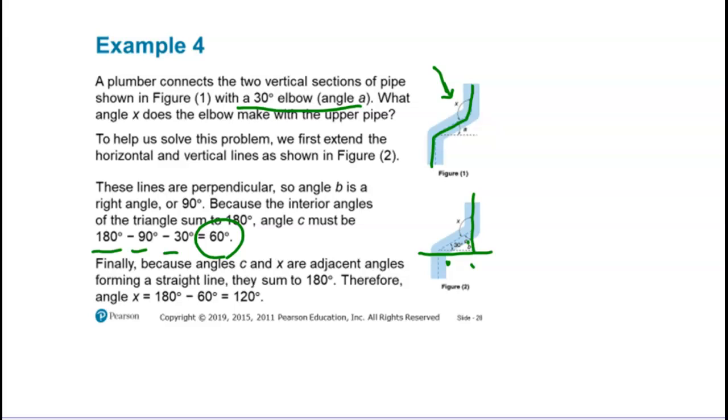If it is 60 degrees, and we know that 180 degrees is a straight line, and angle C is 60 degrees of it, then the adjacent angle X is the remainder, and it is 120 degrees.